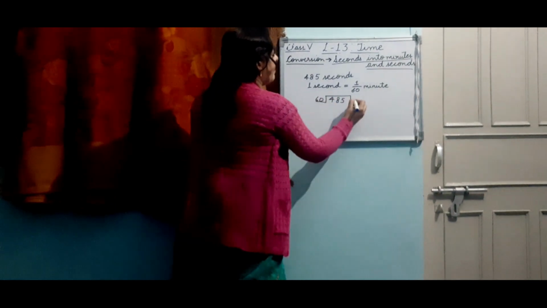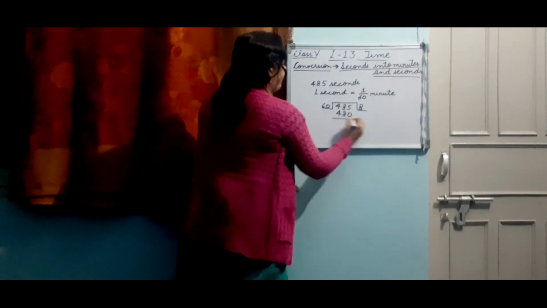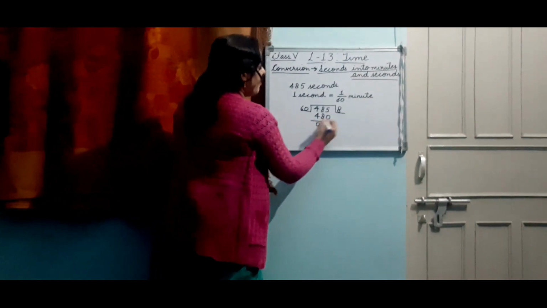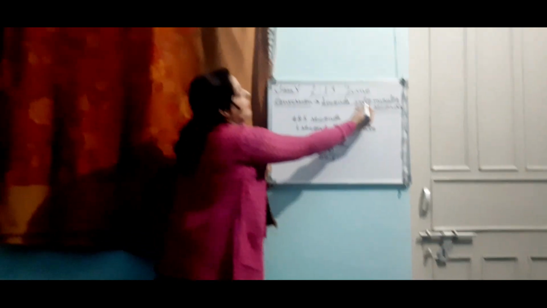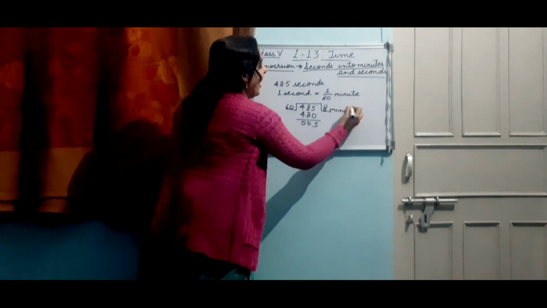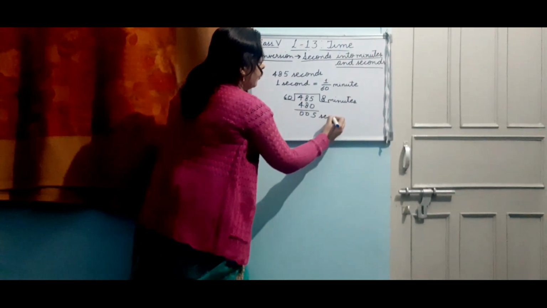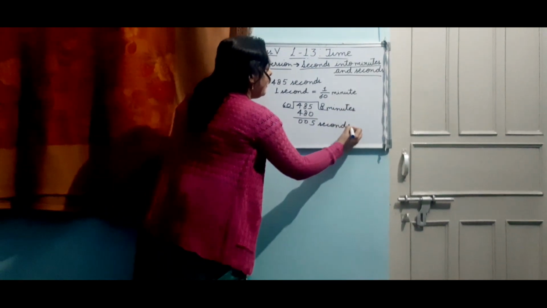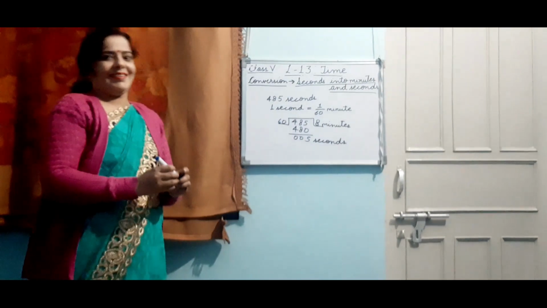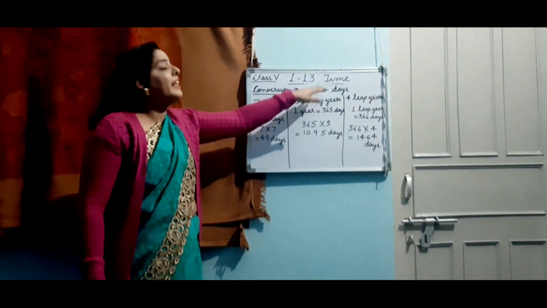Now after division you are going to get your answer. Now whatever is quotient, that means it has been changed into minutes. And whatever is remainder, that is seconds only. That is not changed. So what is your final answer? 8 minutes 5 seconds.